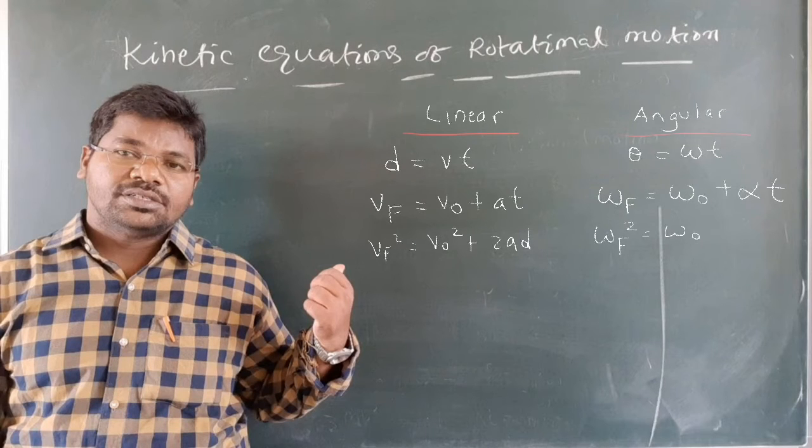Omega f square is equal to omega naught square plus 2 alpha into theta. d is distance, v naught is initial velocity, a is acceleration. d is equal to v naught t plus 1 by 2 at square. Theta is equal to omega naught t plus 1 by 2 alpha t square.